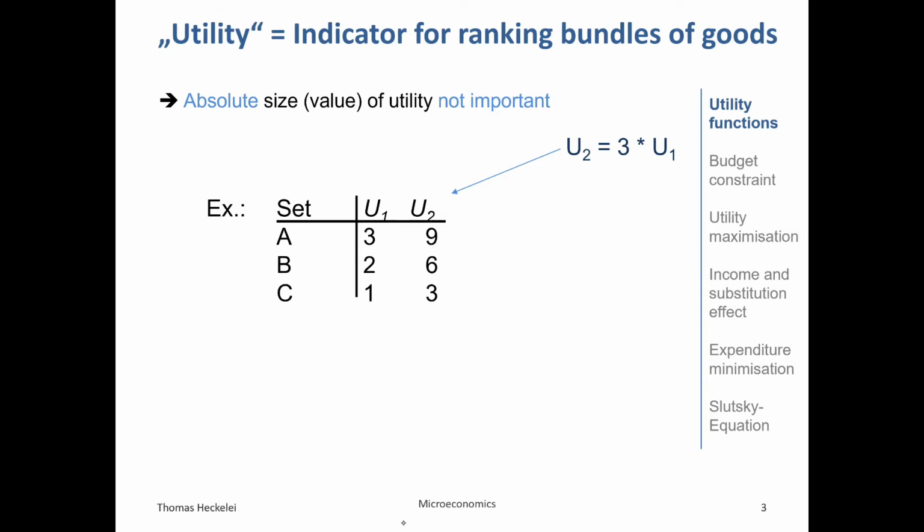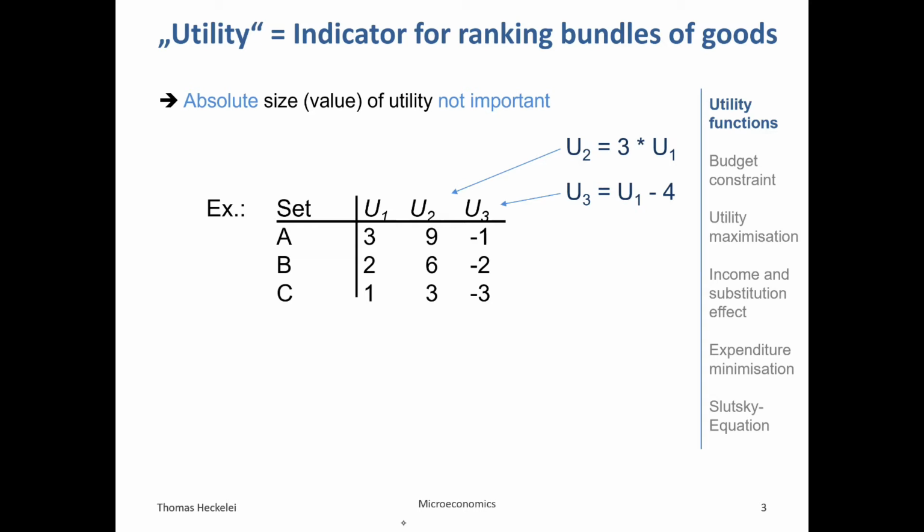For this person, A is also the most favorite and C the least favorite. We have a third person. Now the utility level that this person obtains from the three sets is always 4 units less than the first person. However, again, the ranking remains the same.